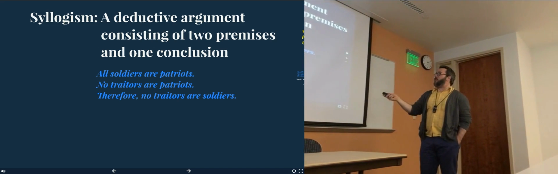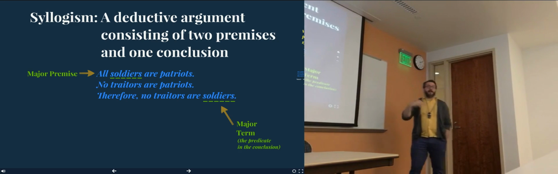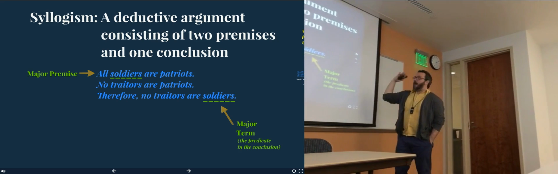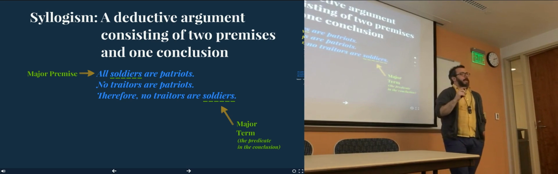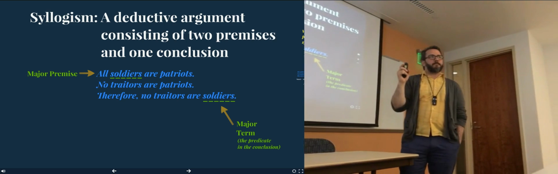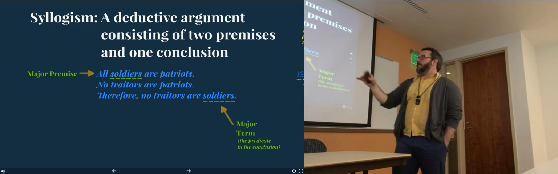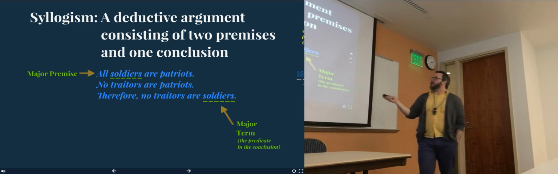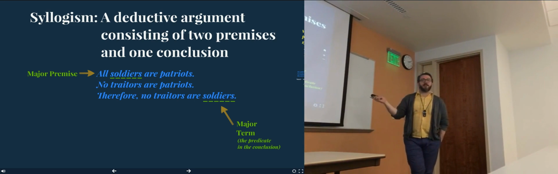I want to draw our attention to the predicate first. This predicate of the conclusion, whatever the rest of the argument is doing, I'll look at the conclusion and the predicate term, that is what is known as my major term. Good on that so far? My major term needs to occur in one of my premises. In addition to the conclusion, it's got to pop up in the premise.